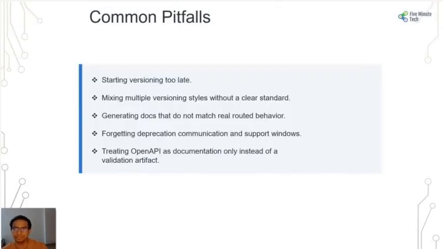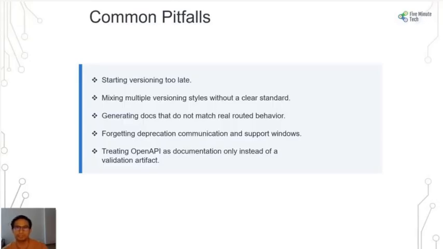Some of the common pitfalls are that we start versioning very late into the system. We realize that there could be different consumers with different changes needed over a period of time. So that is one common pitfall we have across the industry. The other pitfall is mixing multiple versioning styles without a clear standard.